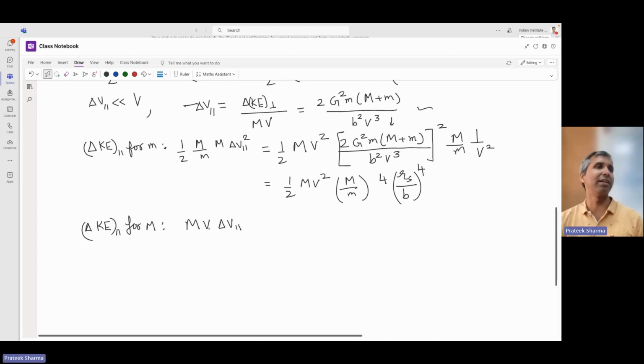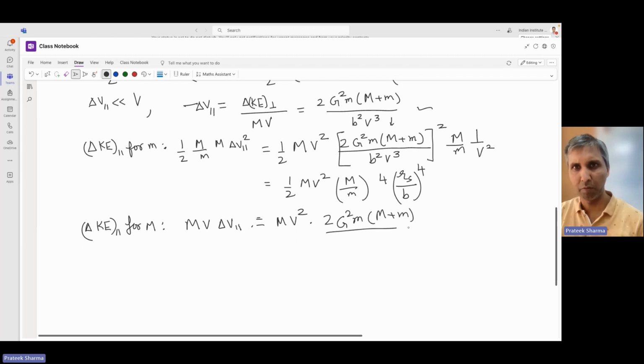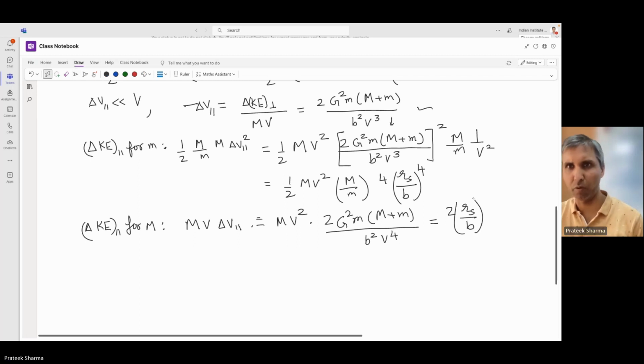Because we are ignoring the delta V parallel squared terms, because delta V parallel is small compared to capital V. So this is just equal to m V squared times twice G squared m (capital M plus small m) by B squared V to the 4. This is equal to, again, if we write in terms of Rs, twice Rs by B, the whole squared.